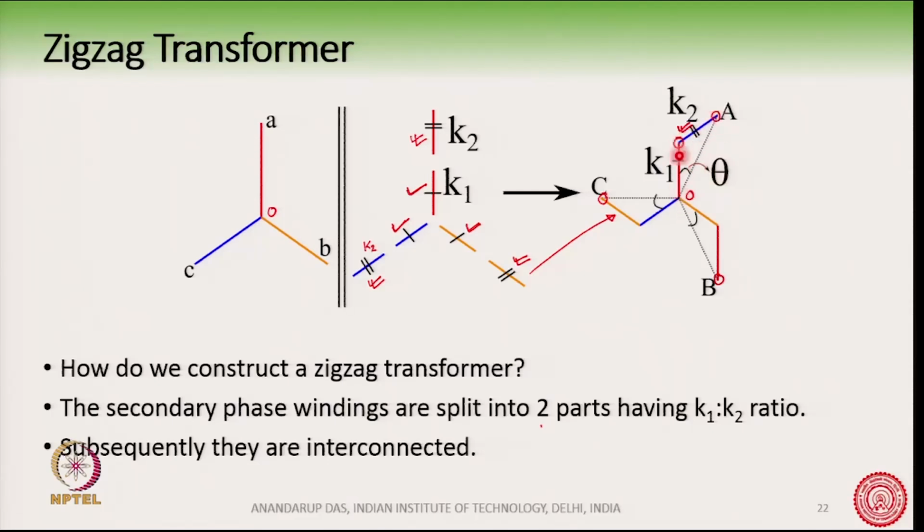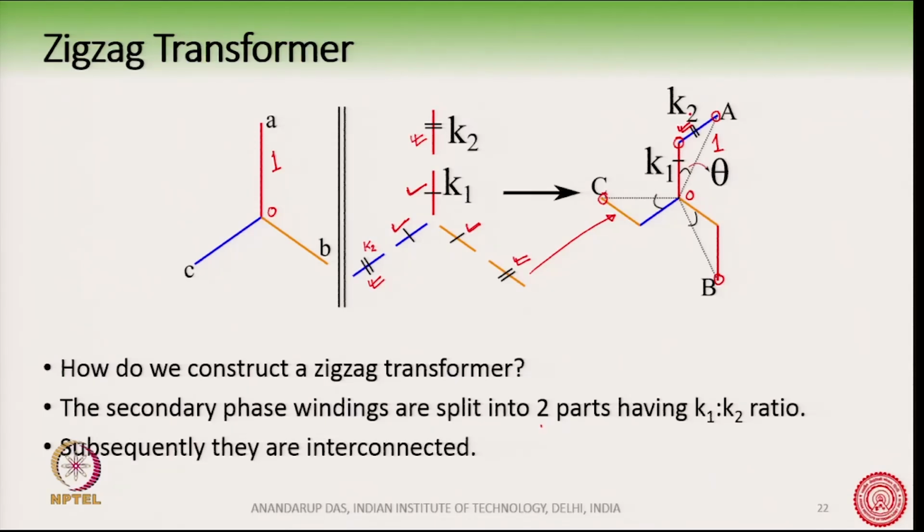This is a triangle with sides K1 and K2, and I can assume, for example, that this length is 1, or it can be anything else, depending on the turns ratio or voltage ratio we want from the primary to the secondary side. Therefore, this angle theta can be changed by changing the values of K1 and K2.